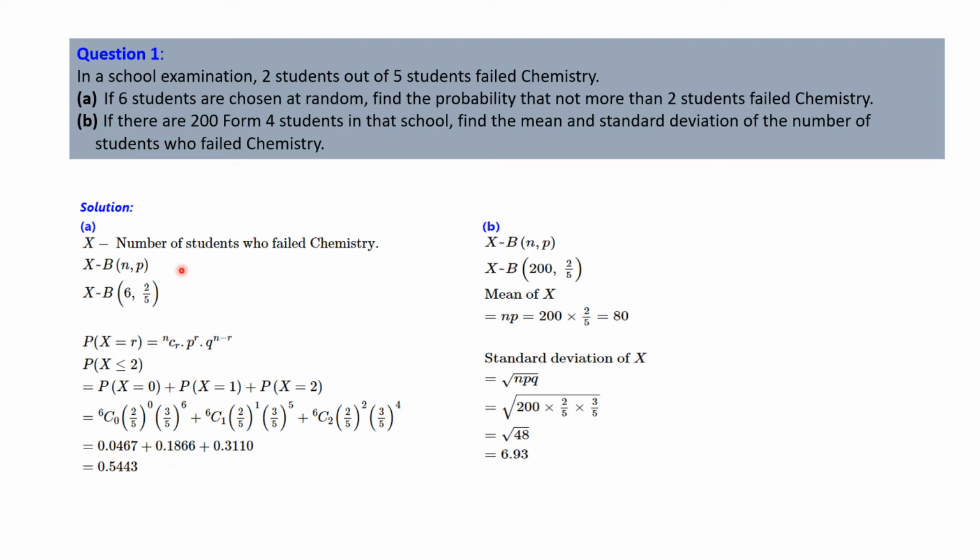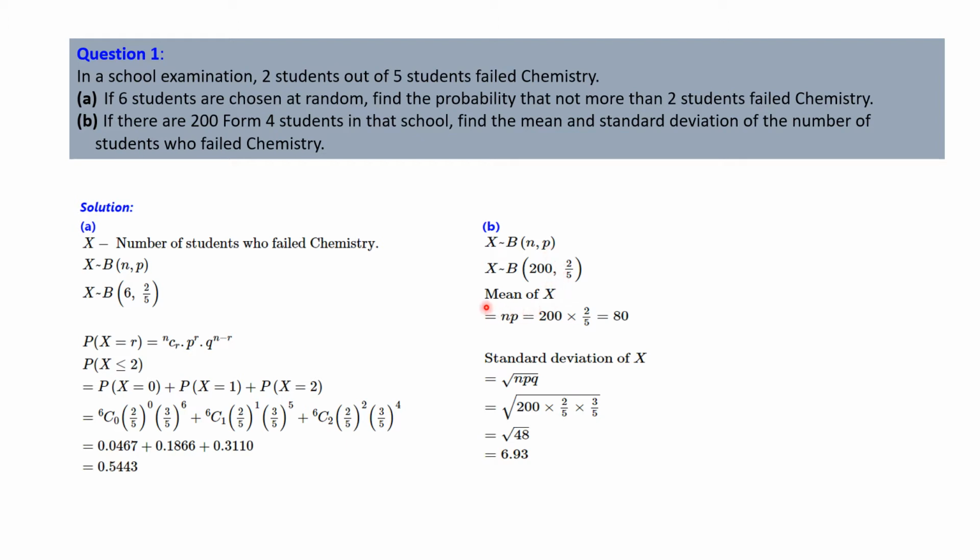Then we move to question B. If there are 200 Form 4 students in that school, find the mean and standard deviation of the number of students who fail chemistry. So our n now is 200 because we have 200 students, and the probability p is still 2 over 5.